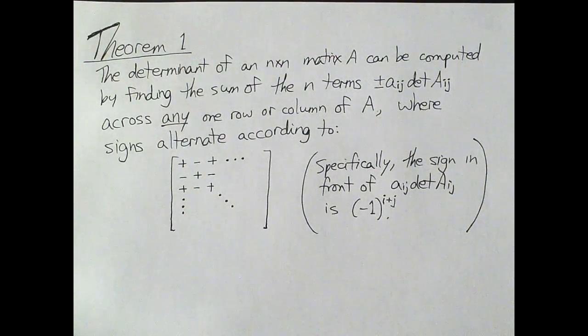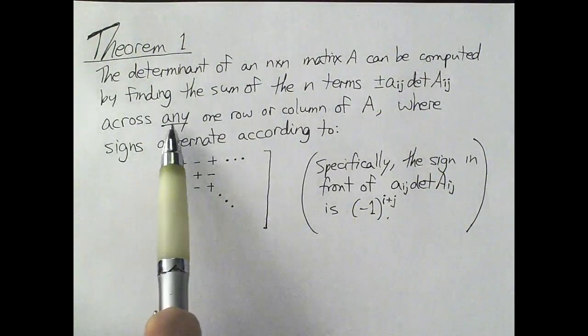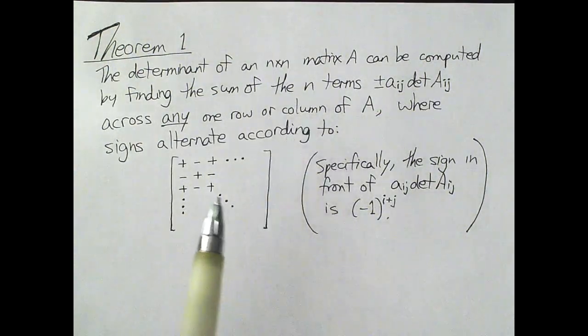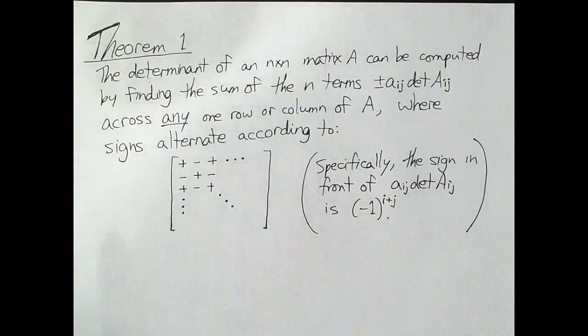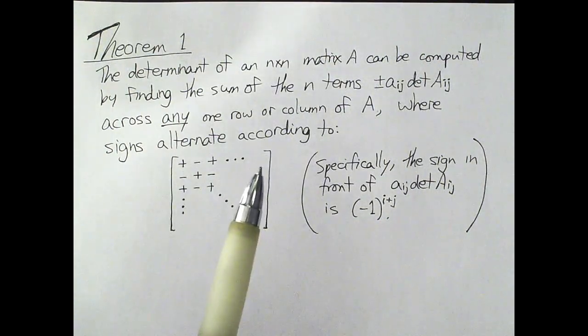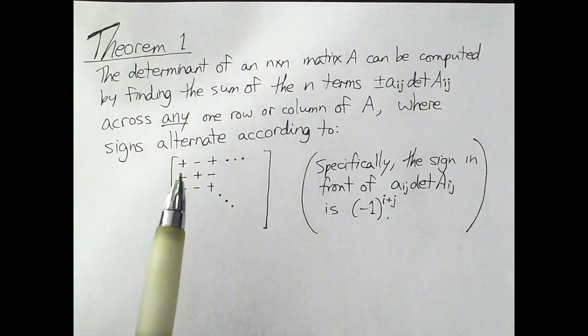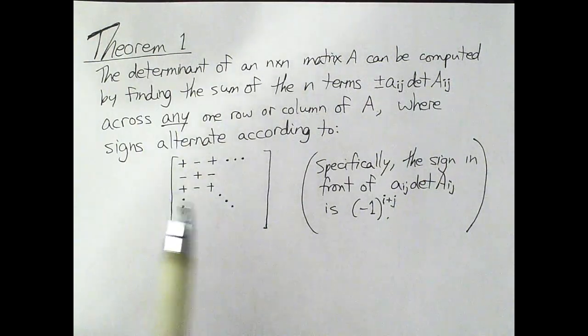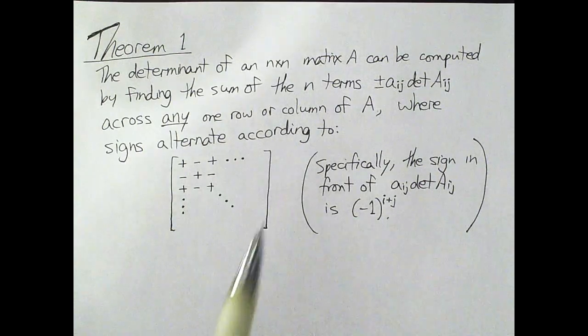This says you could actually do that kind of process across any one row or column. So the idea is that this could be a shortcut, because you might look at a problem and see that row 1 is really messy, but row 2 looks easier to work with. So you get to choose which row or column you do the work with.